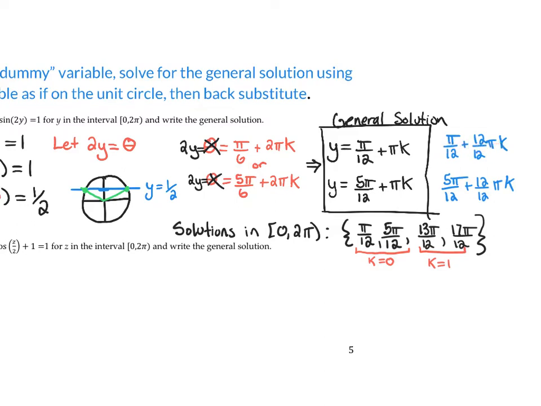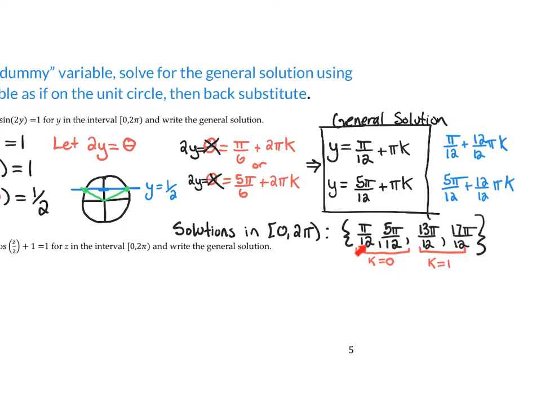So it would have gone outside of where we wanted to go. In general, whatever the compression factor is, in this case it was a factor of 2, that's going to tell you how many more solutions to expect. So I originally had 2 solutions, but then this doubles it, so I ended up with 4 total.